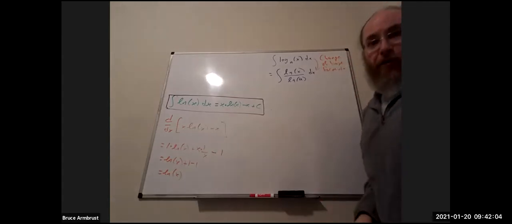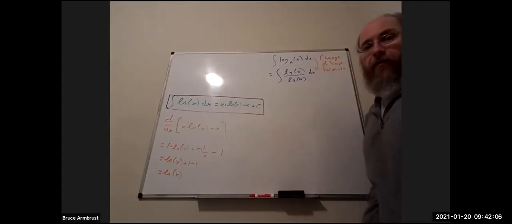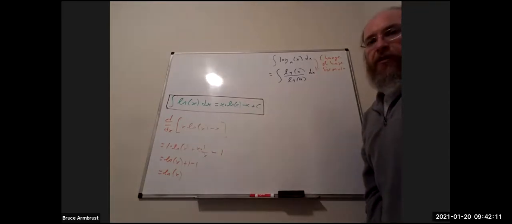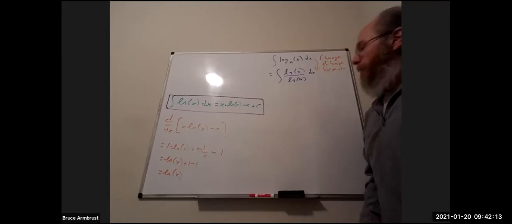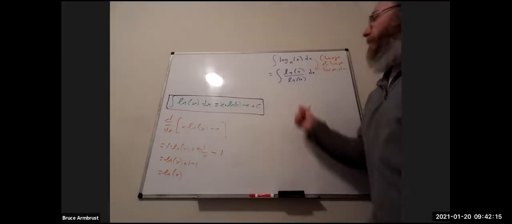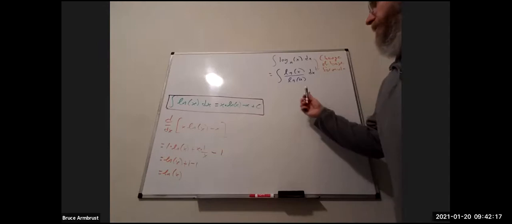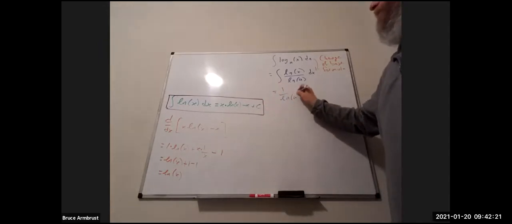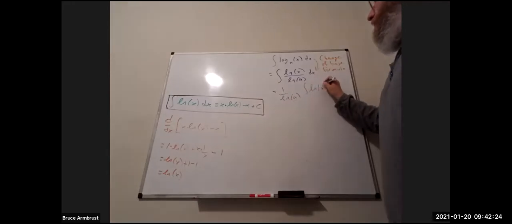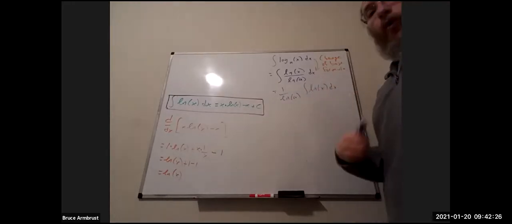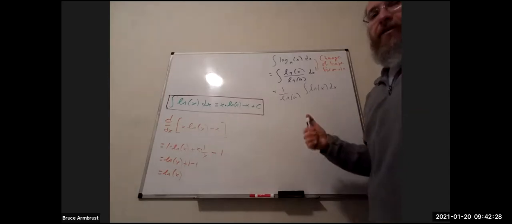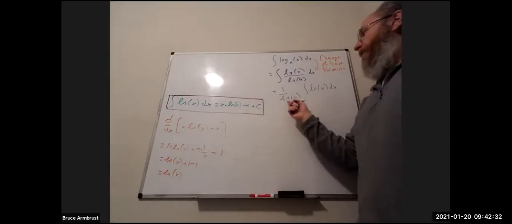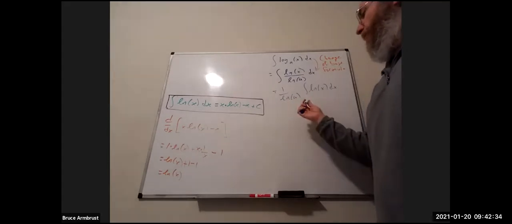So go back and look at your pre-calc stuff from the logs section, and you can see where this comes from. But what's beautiful about this is that natural log of a is a constant. So I can actually pull that out front. And we know that when you do a constant times an integral, you just get that constant times its antiderivative.